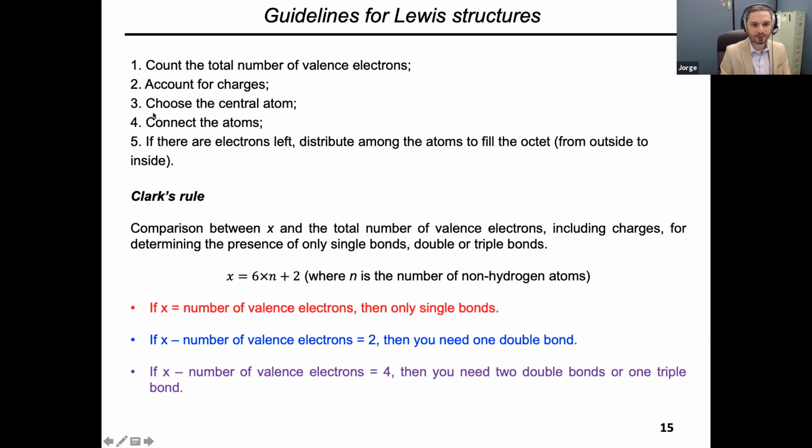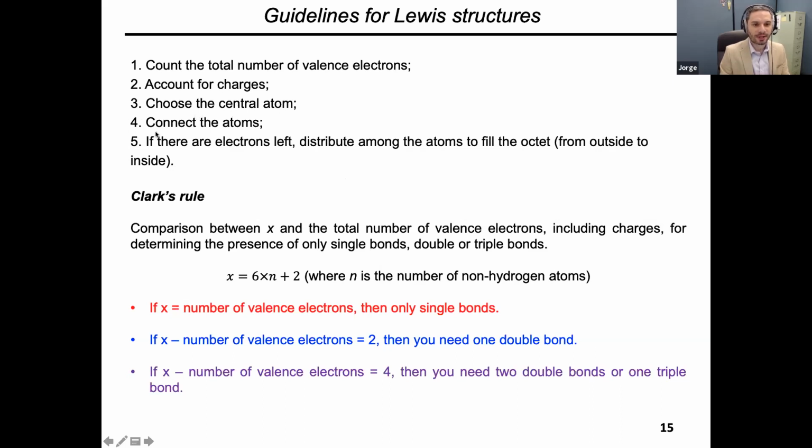Third step is to choose the central atom. The central atom is usually the element in the lowest amount in the formula, or the larger element in the compound. There are some exceptions, but this accounts for 95% of the cases.